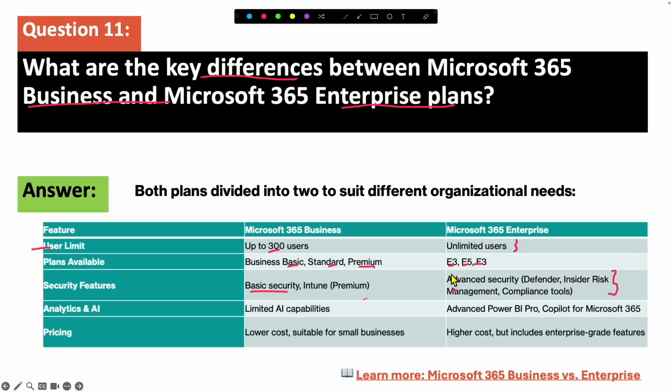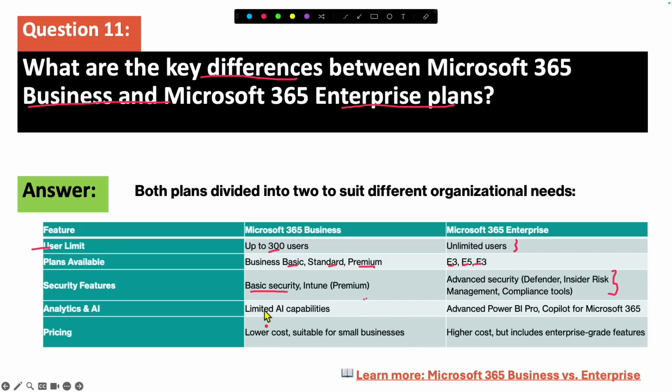You don't have to know much detail about it, but if you want to know about it, I will create a separate video on security related topics or interview questions for security beginners. There I will cover deeper aspects of these topics.